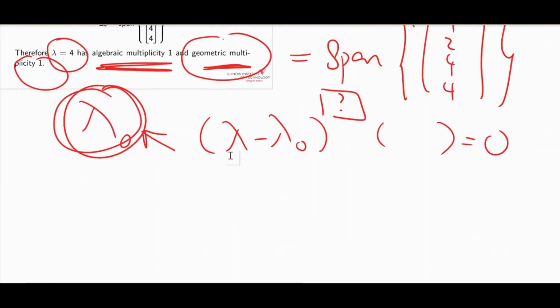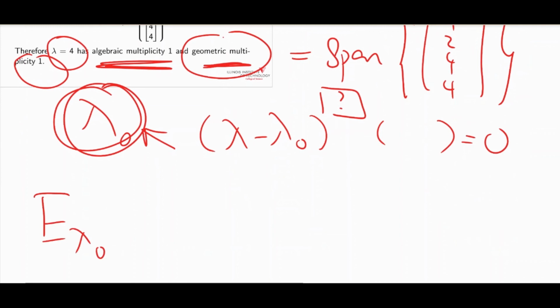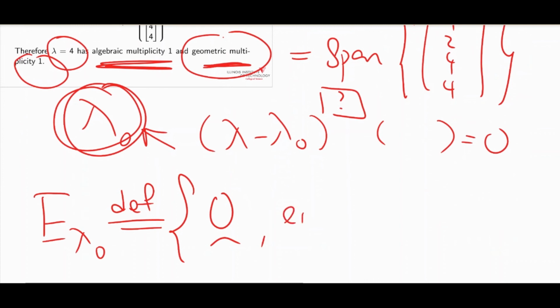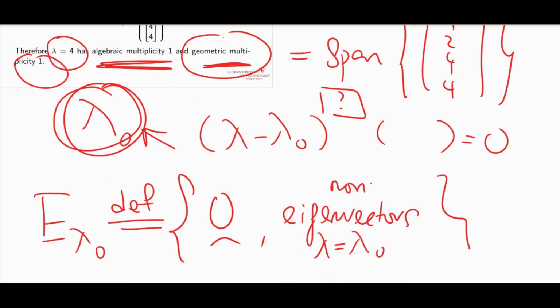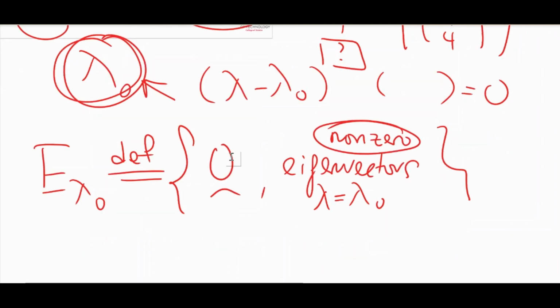The key thing about the eigenspace is to look at the definition. The eigenspace is the set consisting of the zero vector and all the eigenvectors corresponding to lambda equals lambda naught. These are non-zero vectors. Be careful: eigenvectors are never zero by definition.